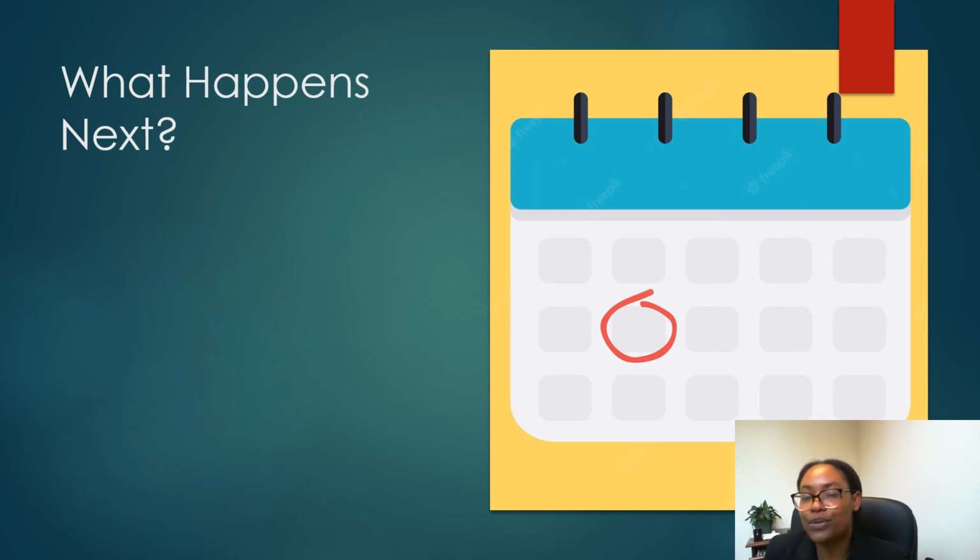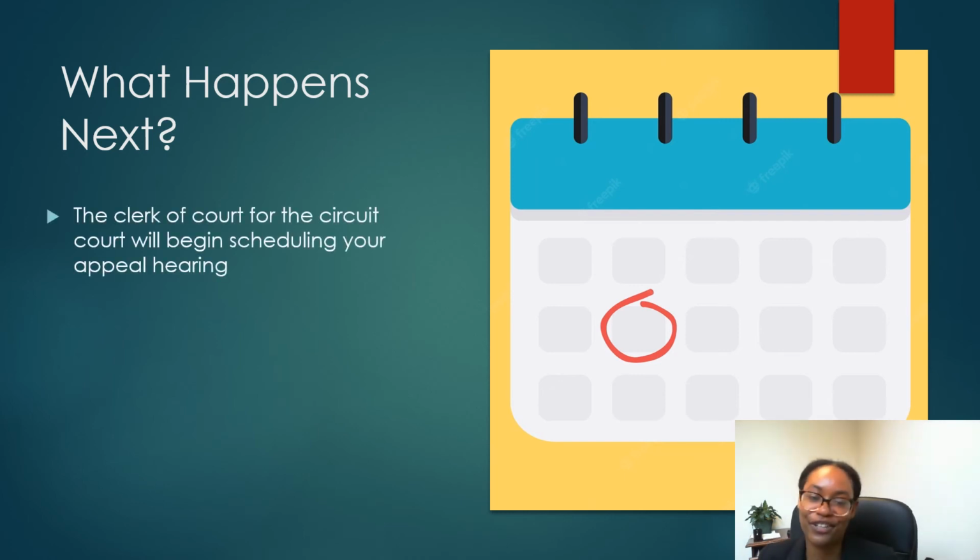What happens next? What do you do now? Well, you wait, because the clerk of court for the circuit court will begin scheduling your appeal hearing, and I can't tell you how long it's going to take before you get a date and time for the appeal hearing. You just have to wait for it.